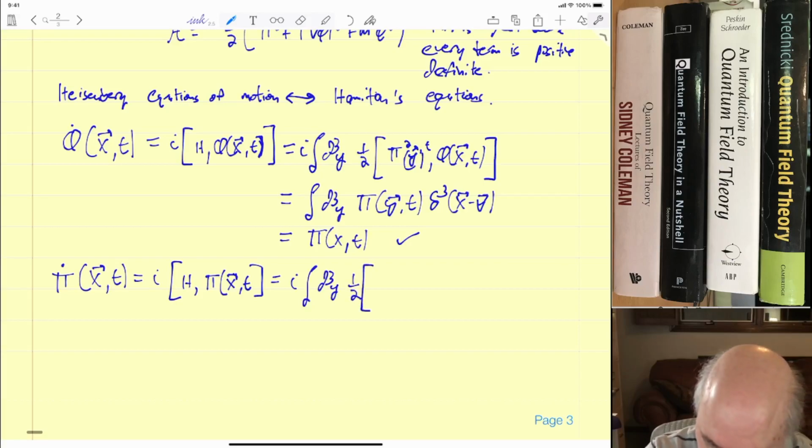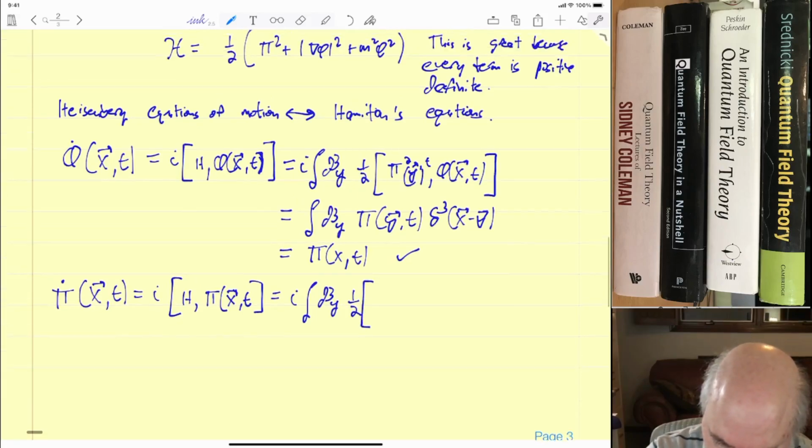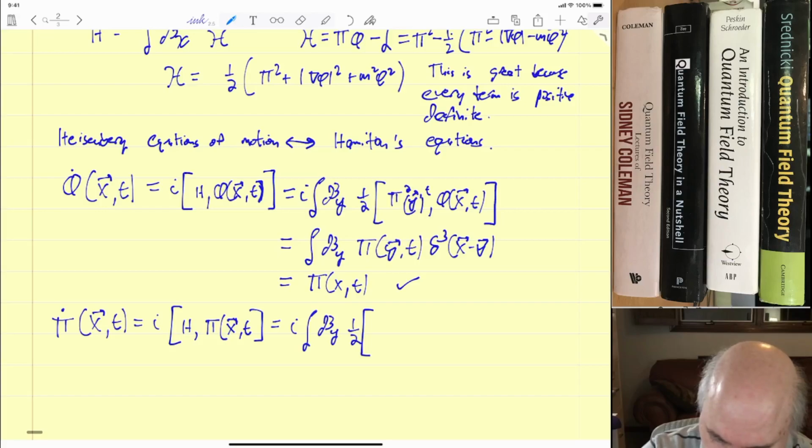Now here what we have is two terms, two phi terms, which don't commute with pi, so we're going to end up getting two terms here.